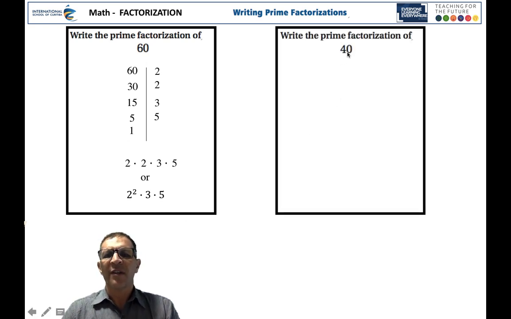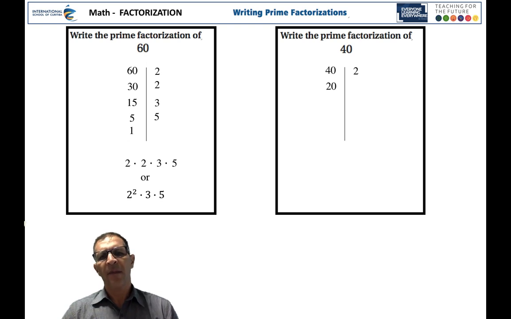Let's write the prime factorization of 40. The same process. Number 40 goes here, a vertical line, and on this side, all prime numbers that divide the number that goes here. The first prime number is 2. 40 divided by 2 is 20. And then the next prime number is 2 again, 10. Next prime number is 2.